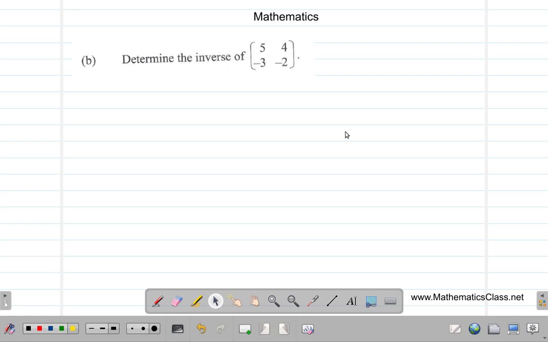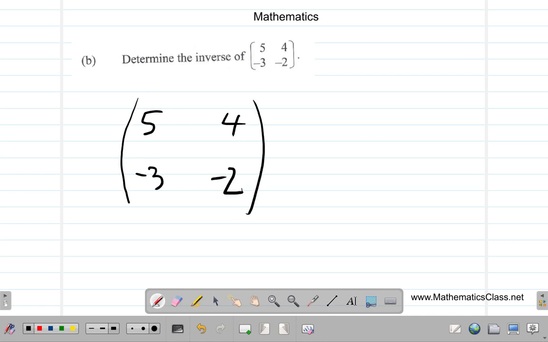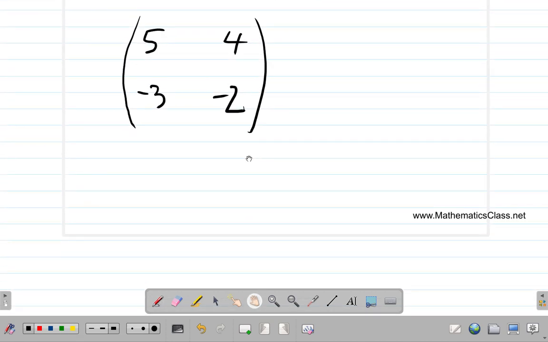What we have is 5, 4, negative 3, negative 2. Now, what we must do is find the determinant of this matrix.